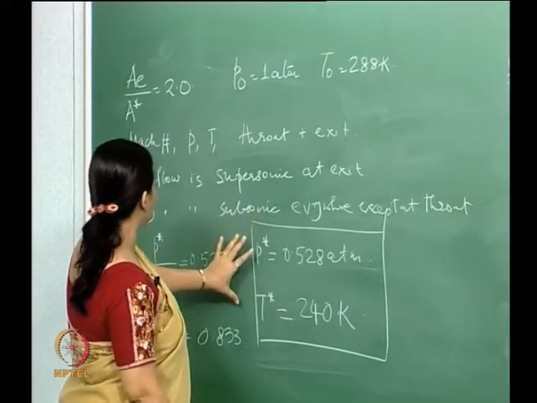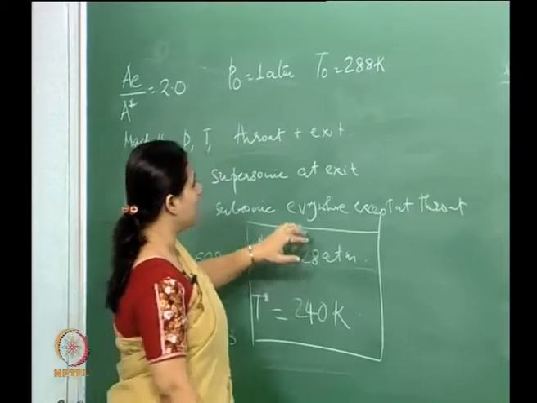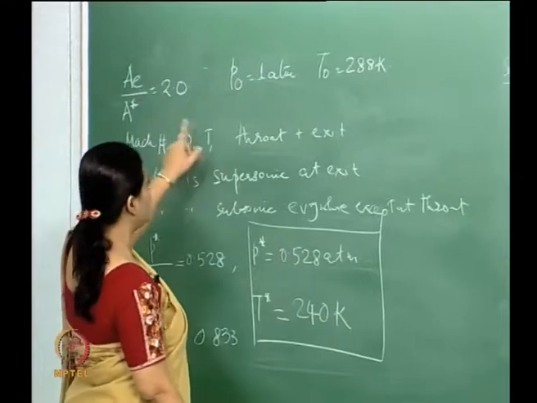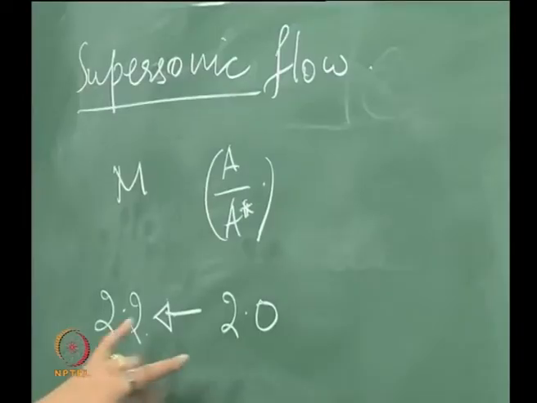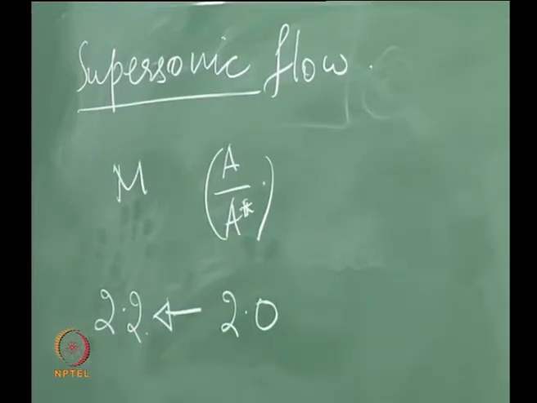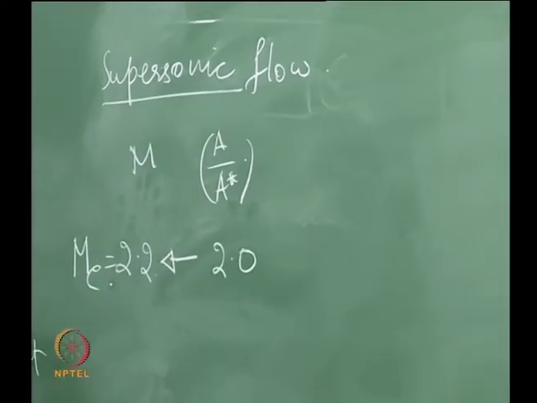Throat is something that we have calculated. What we need to calculate is at the exit. So, corresponding to the exit area ratio of 2 with the throat, we get a Mach number of 2.2. So, the Mach number at the exit is 2.2.